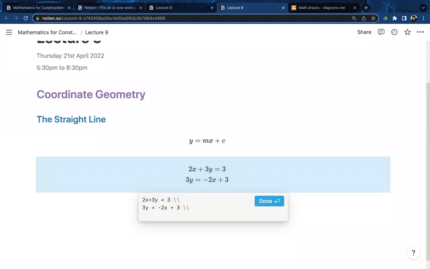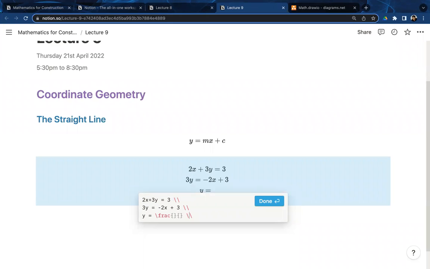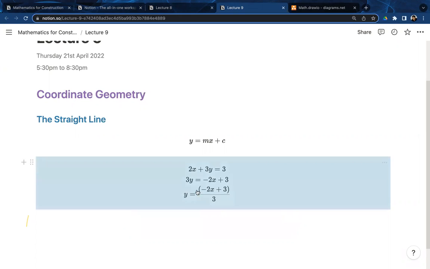So this would mean that y is equal to a fraction. You have to divide the entire equation by 3. So y equals minus 2x plus 3, all over 3.